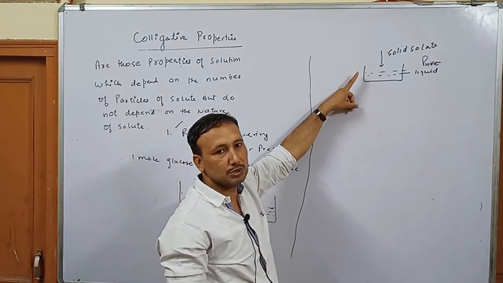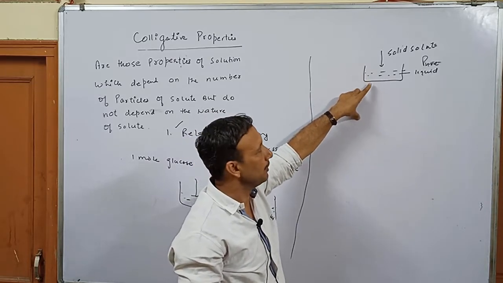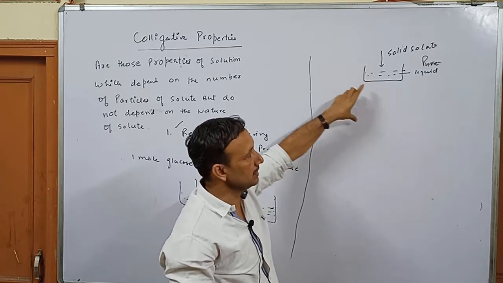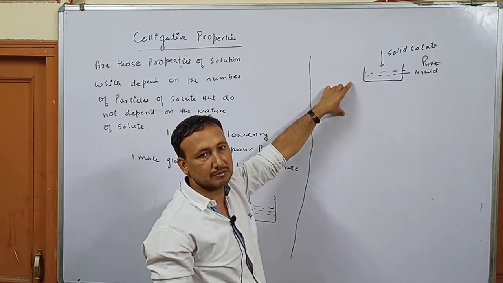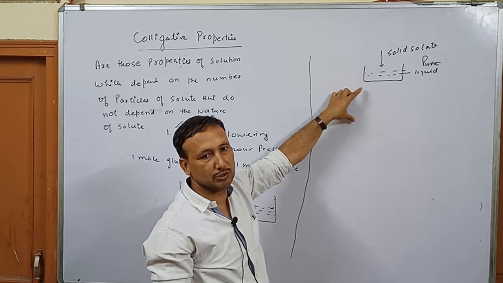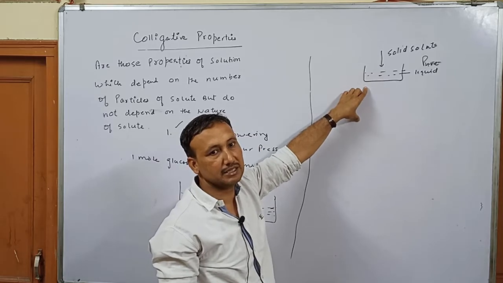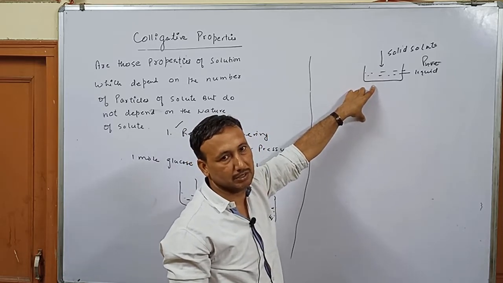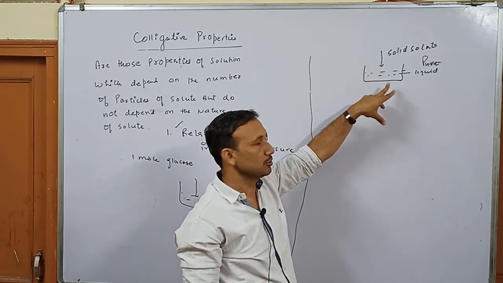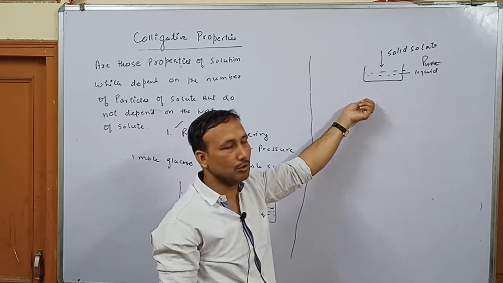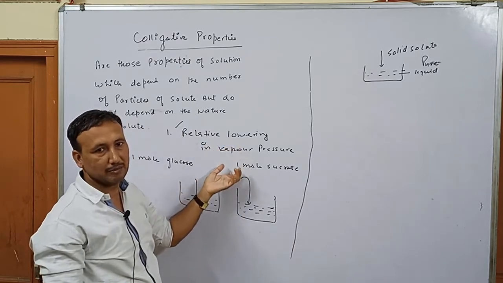Then due to this solid solute, the vapor pressure of this pure solvent will decrease. This is known as lowering in vapor pressure. That is, when some non-volatile solid solute dissolves in a liquid solvent, there is a decrease in the vapor pressure of this pure solvent.